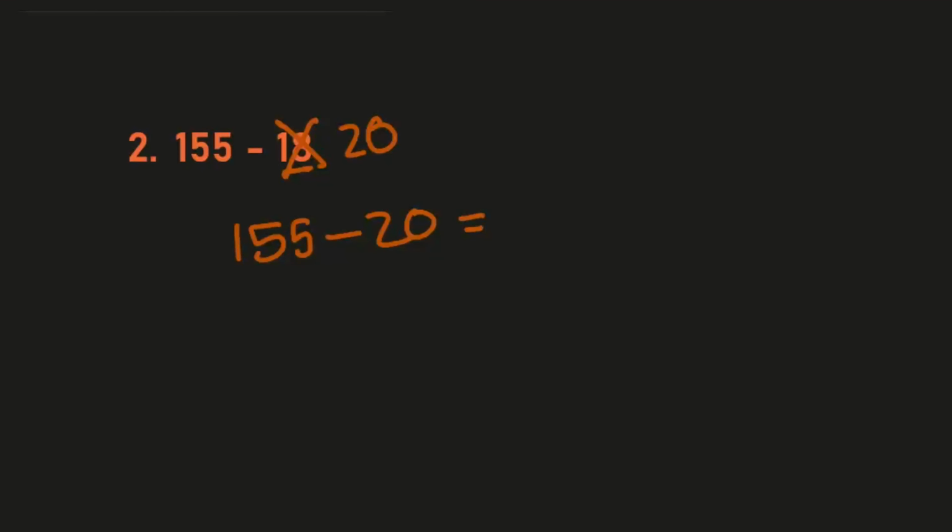Our answer is 135. But we're not done yet, because we still have an 18 here, which we crossed off and changed to a 20. So we've got to do 20 minus 18. And what is that? What's the answer to that?